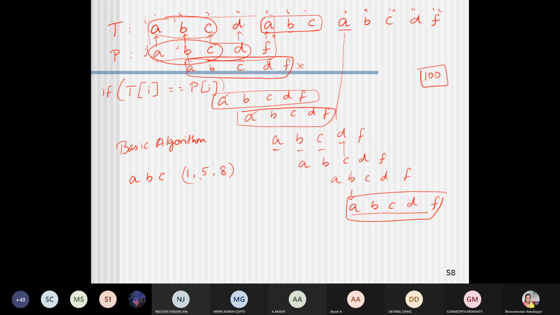Yes. Dear students, tell me, can you find any other pattern from this text? Yes, tell me. How many students are there?